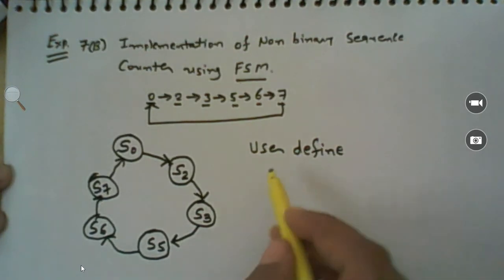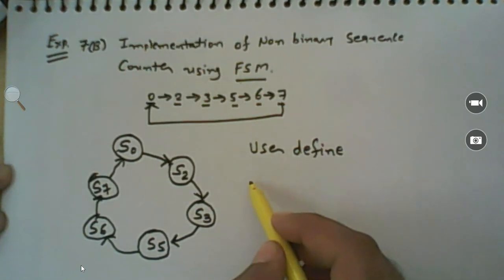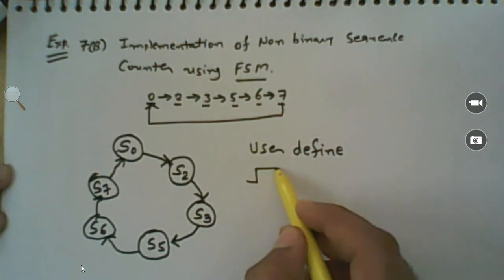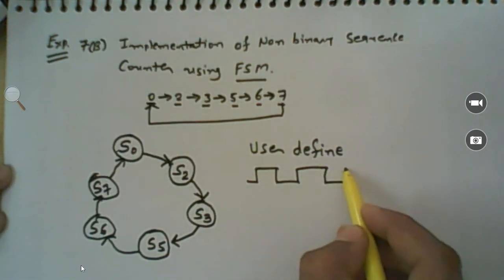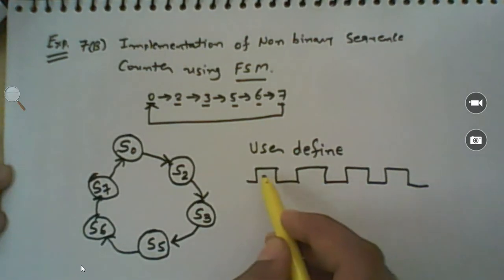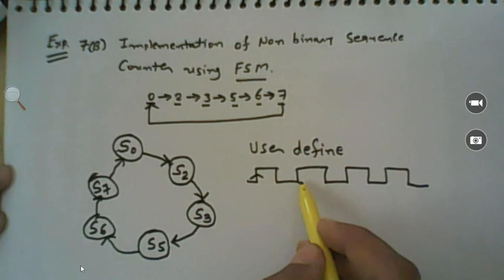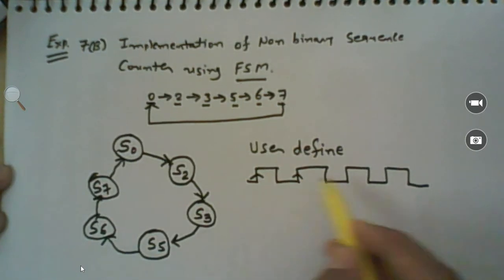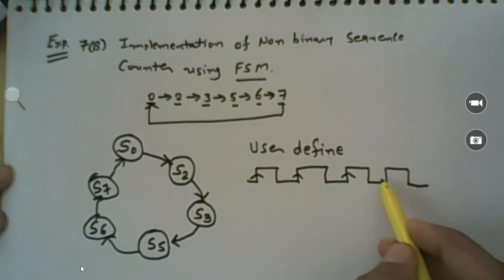Then, using case statements at every positive edge of the clock, we will change the state. If the present state is S0 it will go to S2. If the present state is S2 it will go to S3. If the present state is S3 it will go to S5, like that.